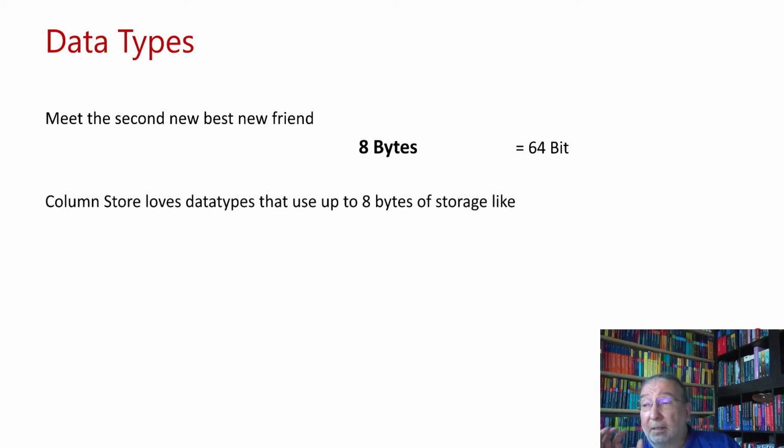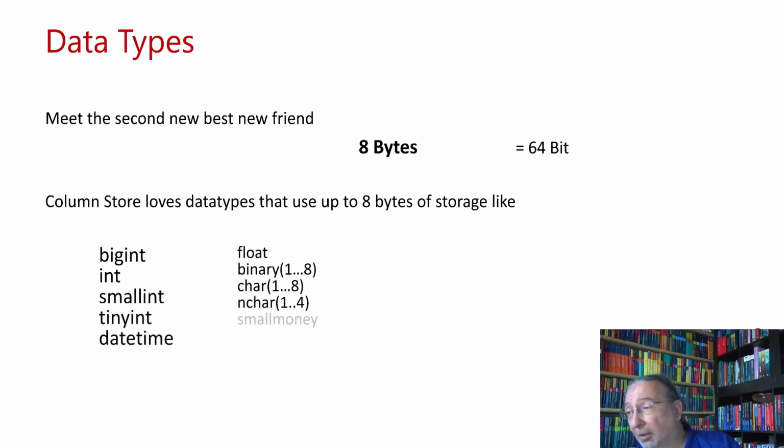Column store loves data types that are 64-bit or less, because they can do a lot of optimizations if they can fit the whole data type in a single register of the CPU. These are the data types that work: bigint, smallint, tinyint, datetime2, time, float, binary 1 to 8, character 1 to 8, and national character 1 to 4, because they need 2 bytes per character, smallmoney, and date.